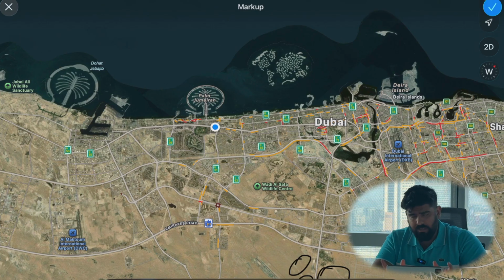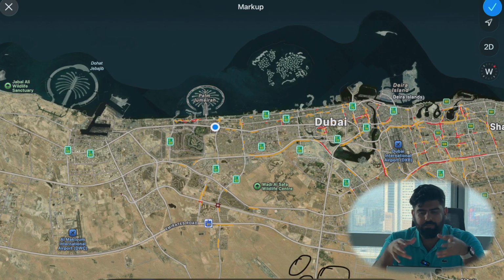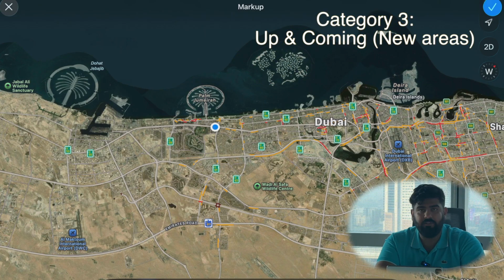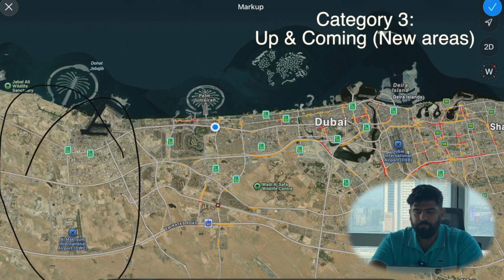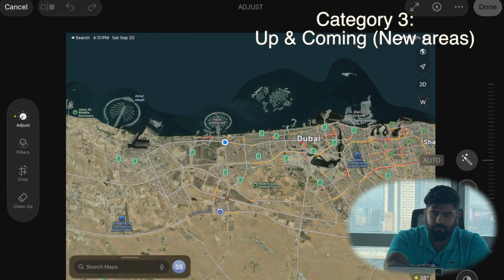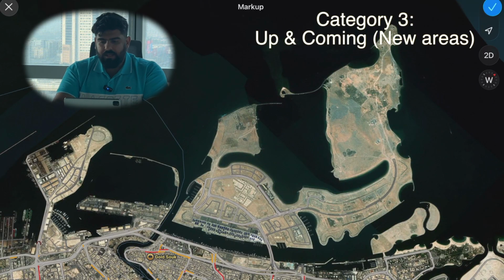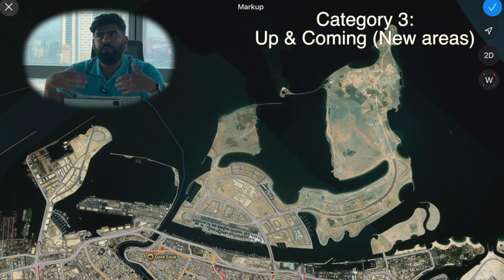So you've understood townhouses, category 1, which is the trophy properties, category 2, which is the affordable suburban neighborhoods, and now category 3 is the most exciting for investors, which is this plot of land right here, or for example even this. I'll just zoom in into these. That's Dubai Islands, and the reason that is interesting is because this is downtown's version of the Palm.